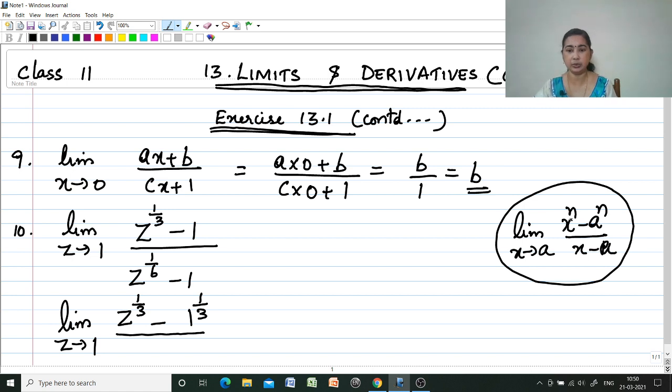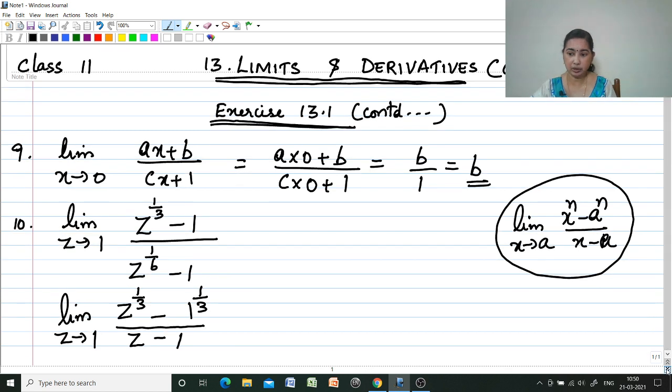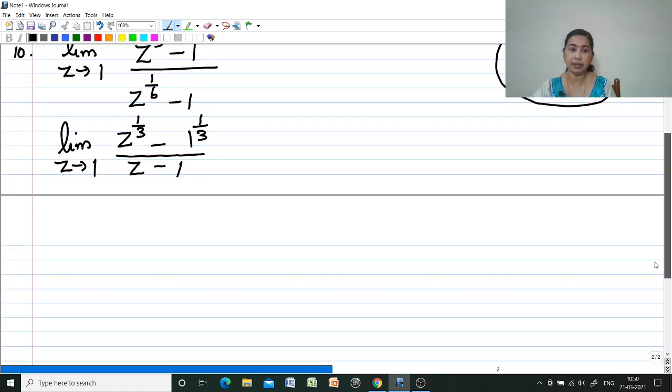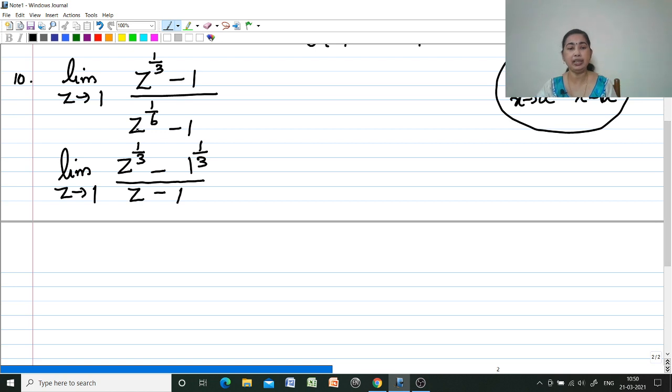But here the denominator is not z minus 1. So what I am doing is dividing the numerator and denominator by z minus 1 to bring it to the standard form.